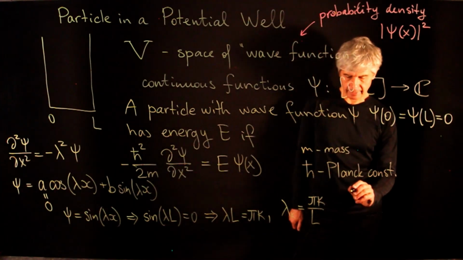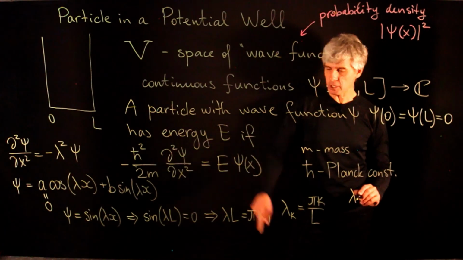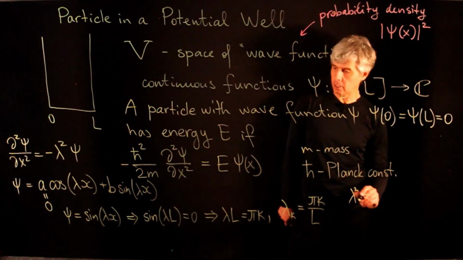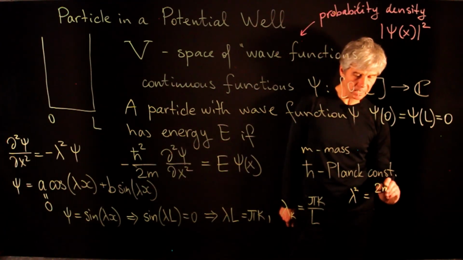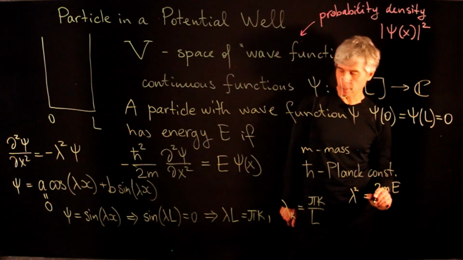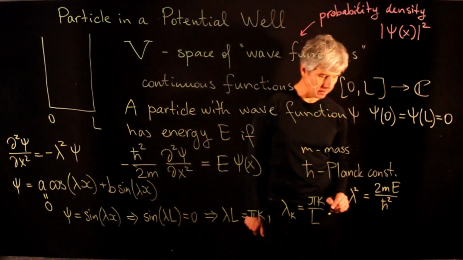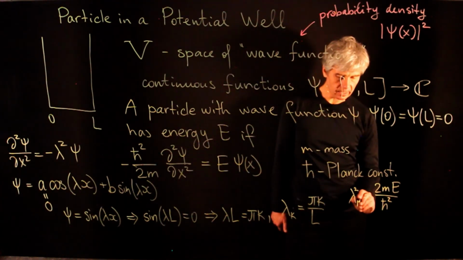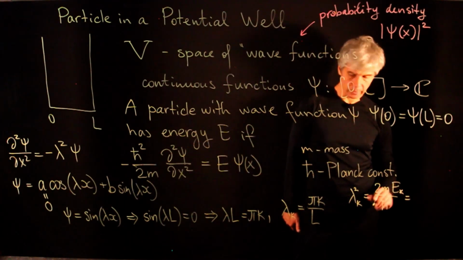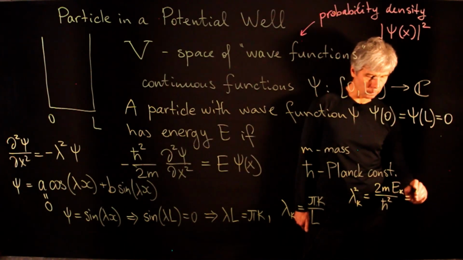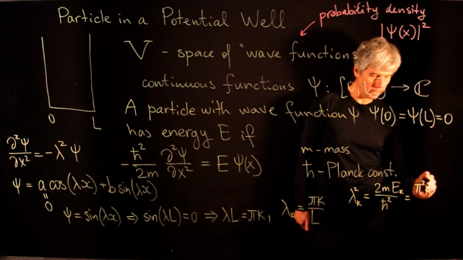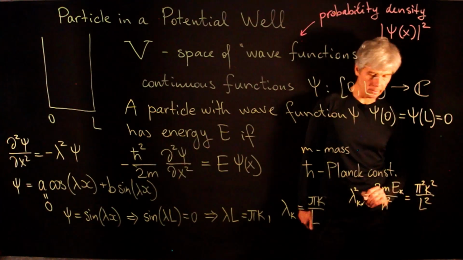But what is lambda in this equation? We can see that lambda squared is equal to 2mE over h squared. If we put k here, we get pi squared k squared over L squared.